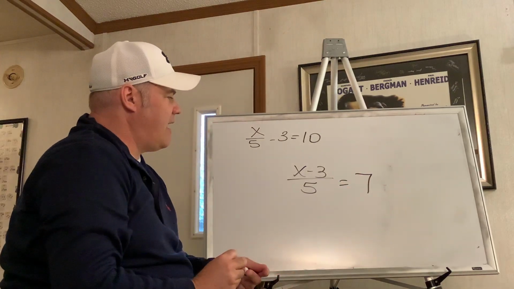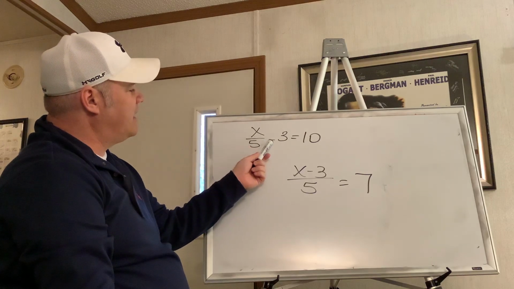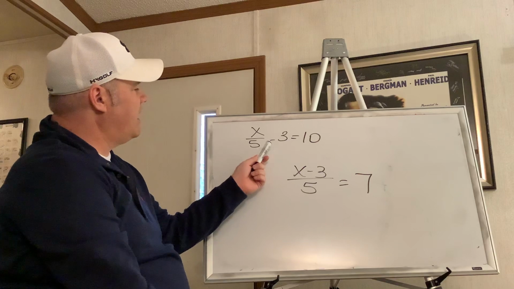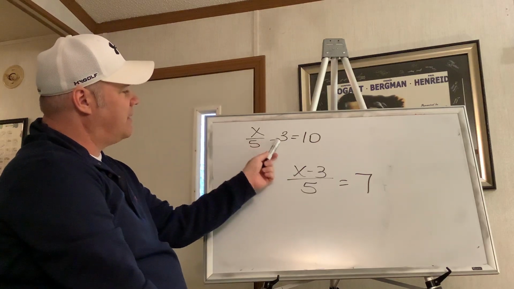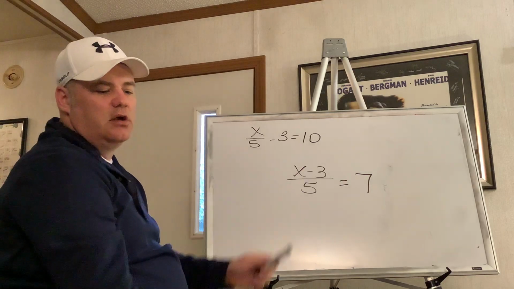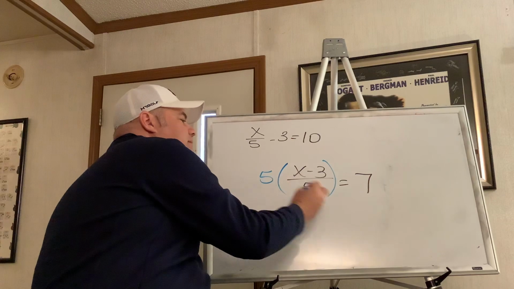Okay, now at that point, once again, it looks different. See, the x minus 3, I didn't think I planned it that way, but see how these are different. It's almost the same. You've got x minus 3 and then you've got it over 5. The difference is this is part of the fraction now. So what you have to do is multiply by 5.